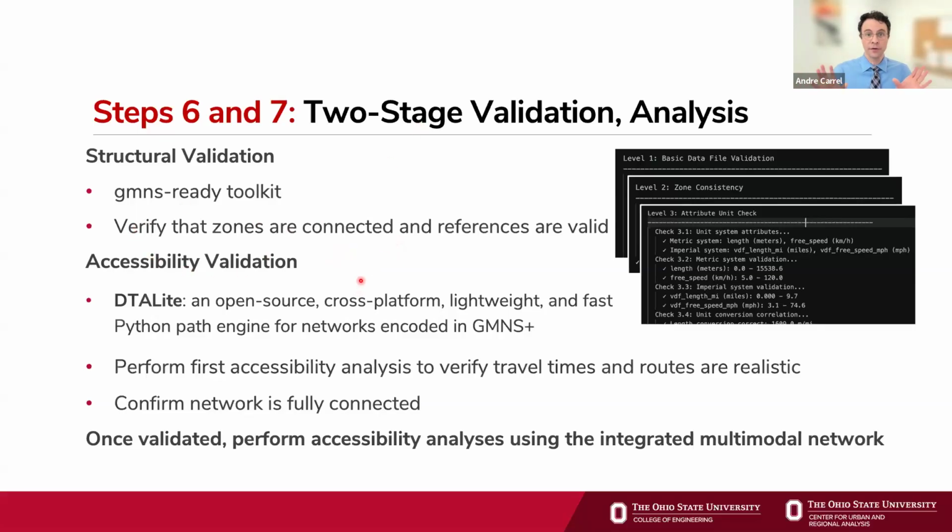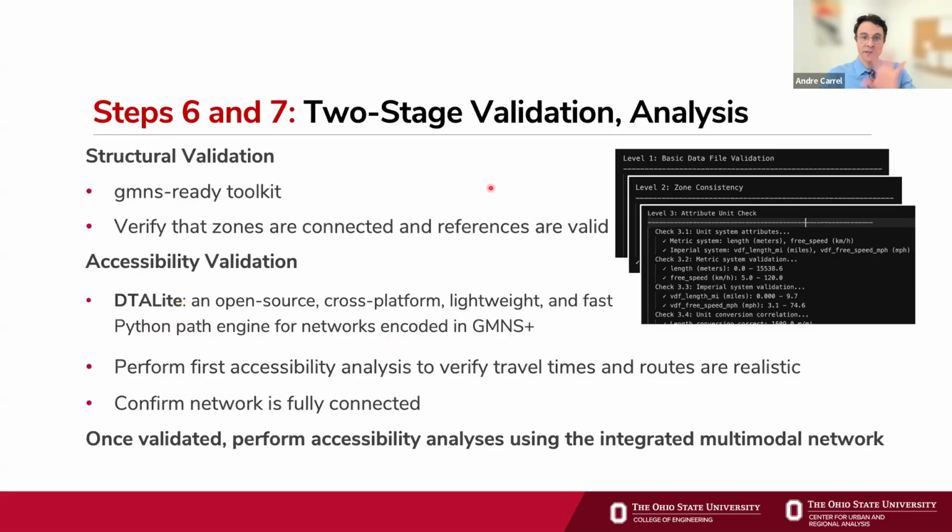Now, for accessibility analyses on a GMNS coded network, we used a tool called DTA Lite, also provided by Arizona State University, by our team led by Dr. Xuesong Zhou. This is an open source, cross-platform, lightweight, and fast Python path engine for networks that are encoded in GMNS+. And it has a module and functionality that allows you to perform accessibility analyses within the toolkit.